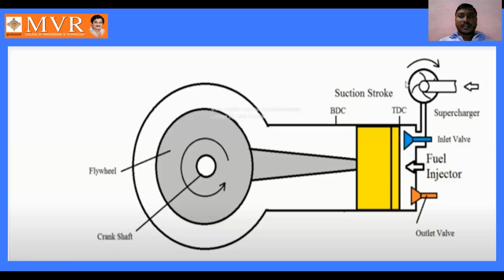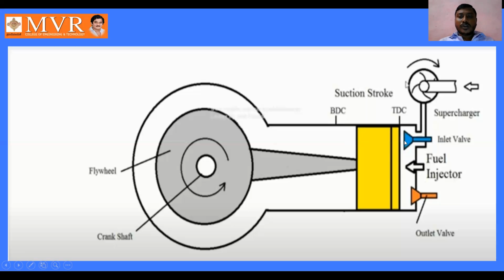Ignition takes place, and the hot gases produced are exhausted into the atmosphere using the outlet valve. When the inlet valve opens, the piston moves from top dead center to bottom dead center, and air from the inlet enters the engine cylinder.